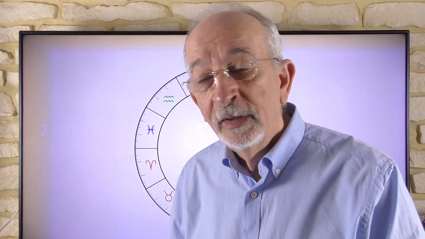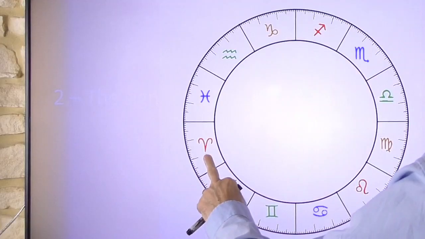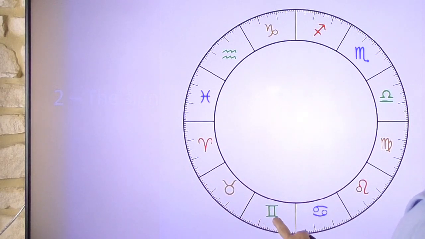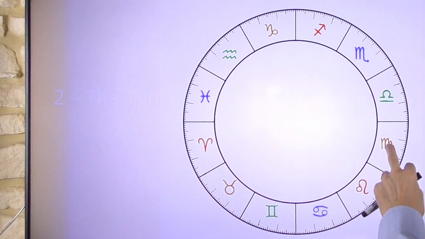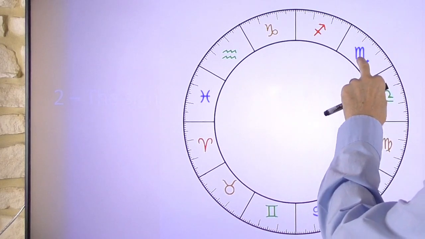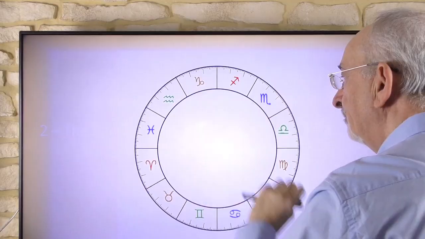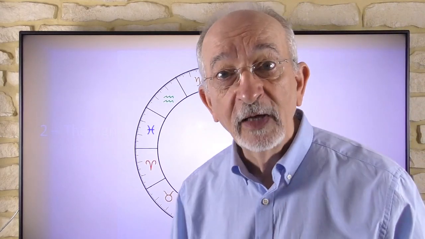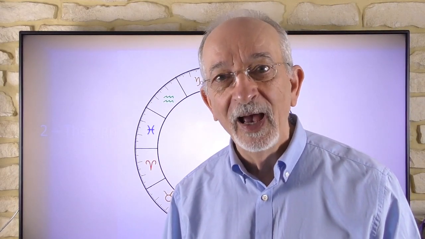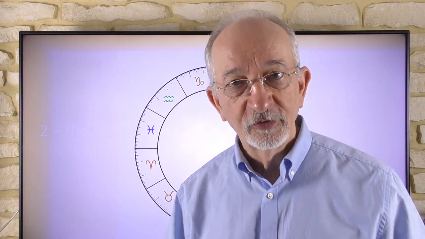They are going to be used to draw the symbols of the zodiac signs. So here are the symbols: Aries, Taurus, Gemini, Cancer, Leo, Virgo, Libra, Scorpio, Sagittarius, Capricorn, Aquarius, and Pisces. These are the 12 zodiac signs that we use in astrology.